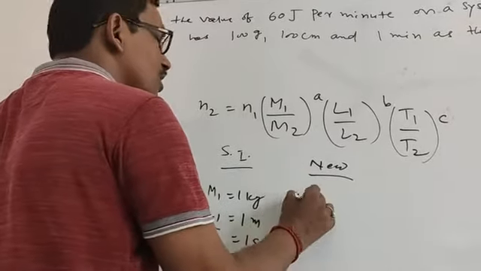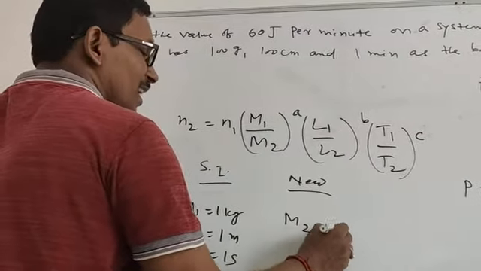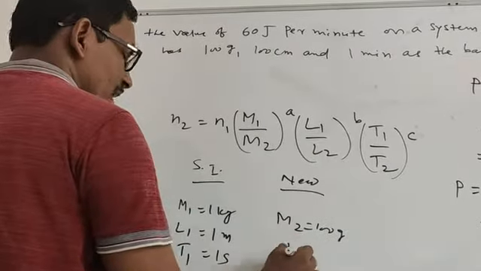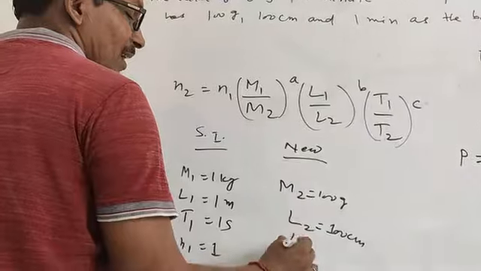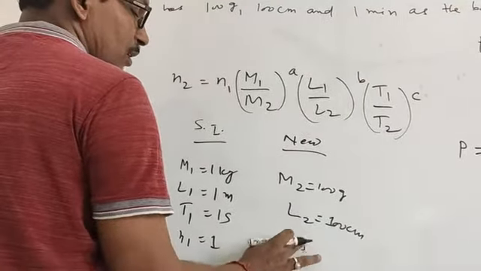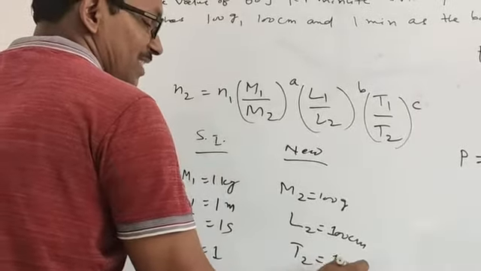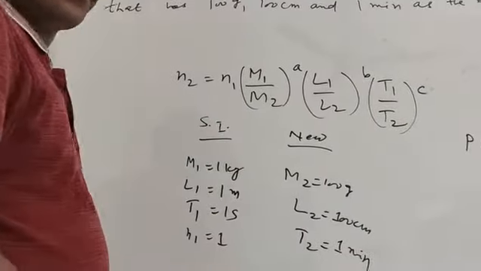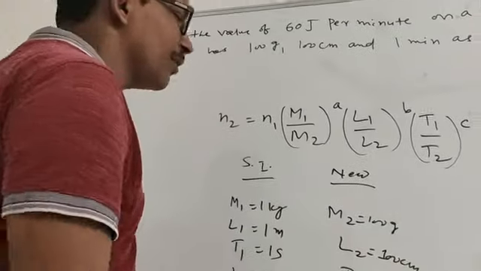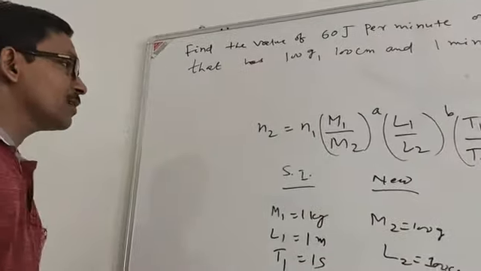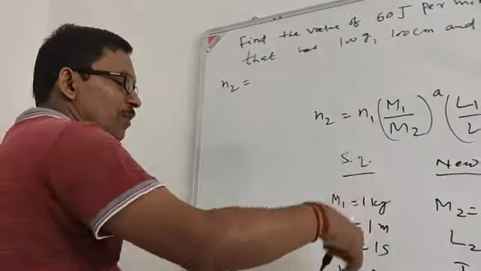In the new system, mass is given M2, that is 100 gram, L2 is 100 centimeter, T2 is 1 minute, and N2 you have to find. Just put the values in this formula, you will get it. So N2 will be equal to, just write the formula, put value.